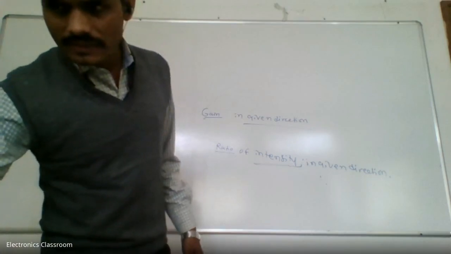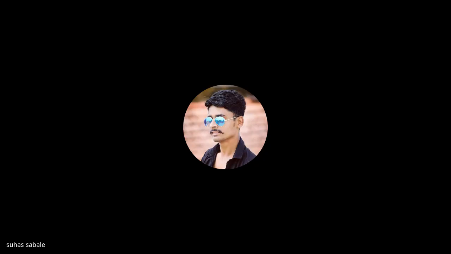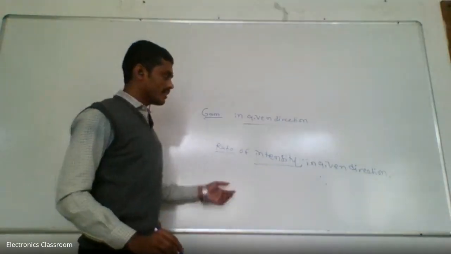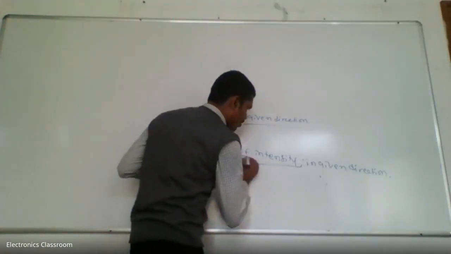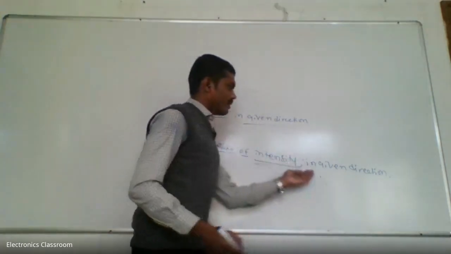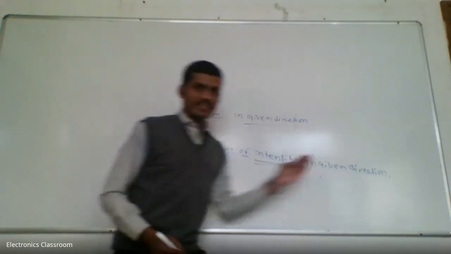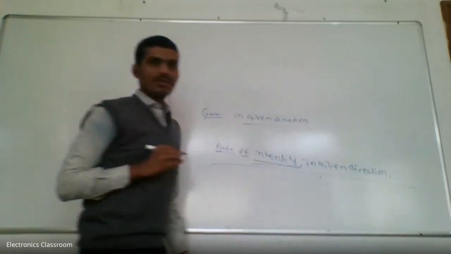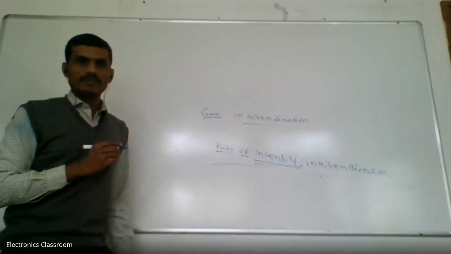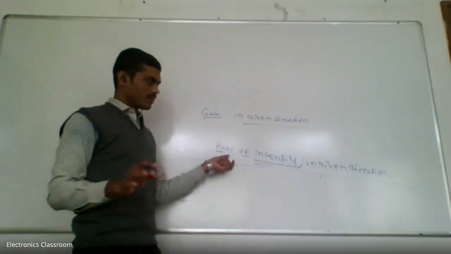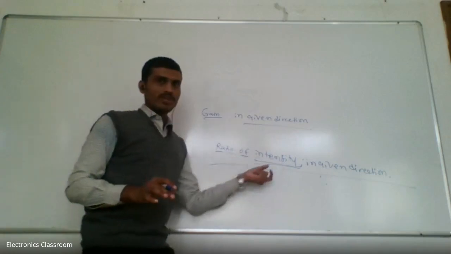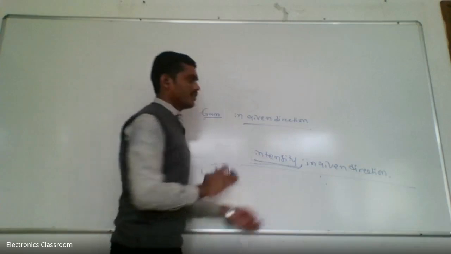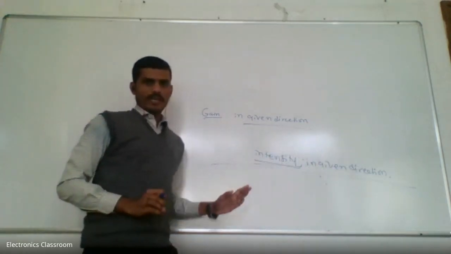समजतंय का? Yes, sir. काय सांगितलं? Ratio of intensity in given direction. Ratio of intensity in given direction to, first concept is to understand, ratio of intensity in given direction.